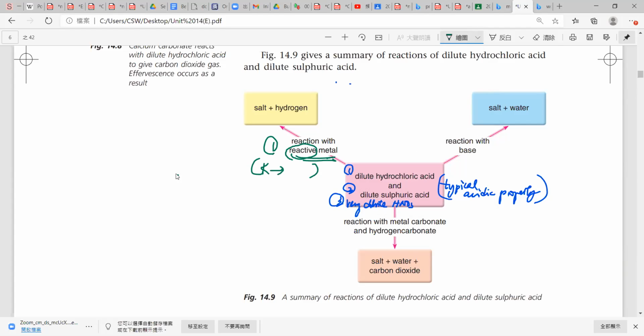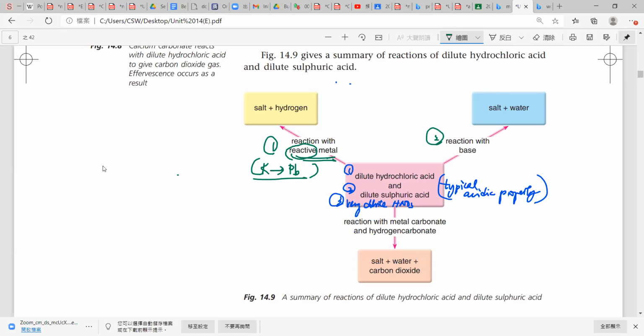The one before copper, which is lead. Do you still remember? From potassium to lead, they can react with dilute acid. But of course, for potassium and sodium metal, we never attempt it in the lab because it's too dangerous, too vigorous a reaction. They form salts and hydrogen. I test the hydrogen gas with a burning splint. You get a pop sound.